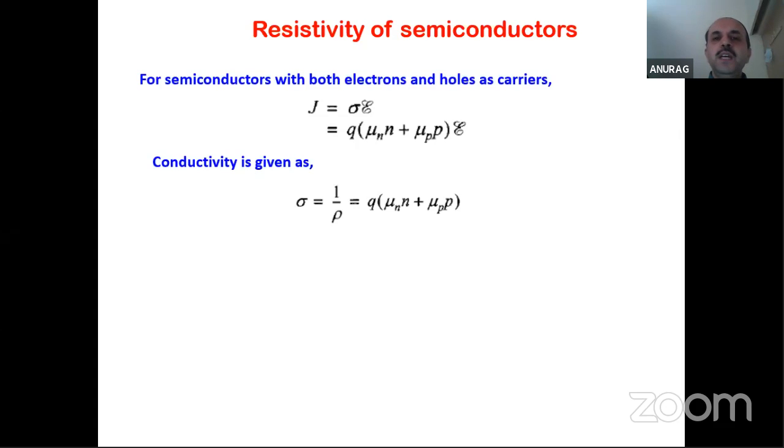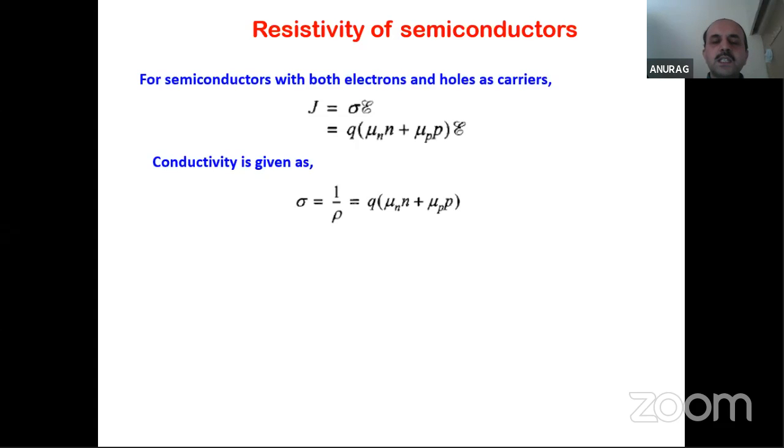It's not that we have a very sharp boundary between the resistivity or conductivity of a metal and a semiconductor. Sometimes semiconductors, if you dope too much, also show metallic kind of behavior. But what we know is the range in which the resistivity of semiconductors falls, and the typical range of the resistivity of insulators.